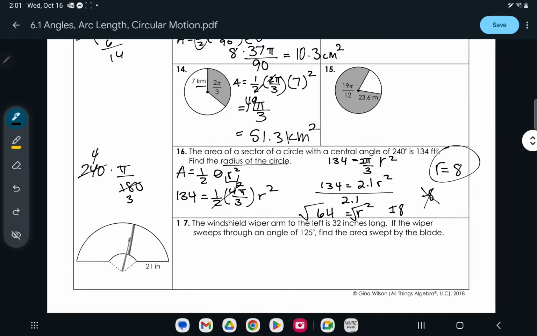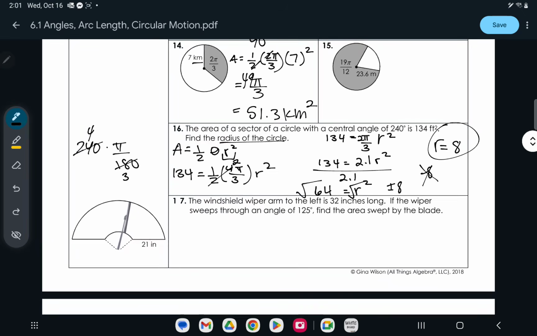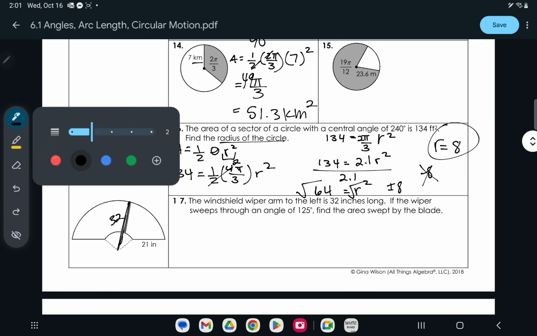Okay. Let's look at 17. Windshield wiper arm to the left is 32 inches long. So this whole thing is 32. If the wiper sweeps through at an angle of 125, find the area swept by the blade.